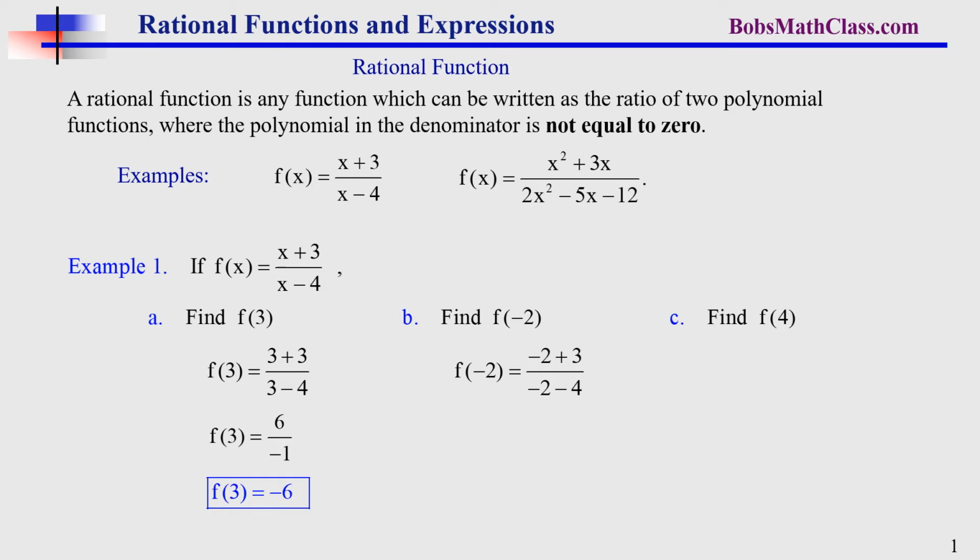Okay, so negative 2 plus 3 gives you negative 1, and negative 2 minus 4 is negative 6. It does not reduce, but we can't get rid of those two negatives, so 1 over 6.